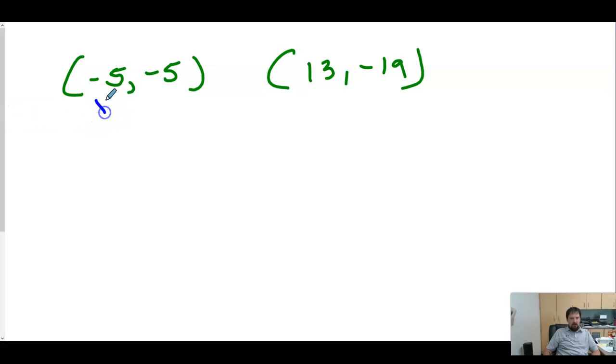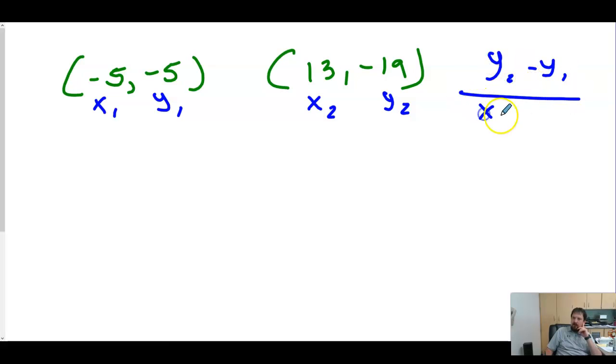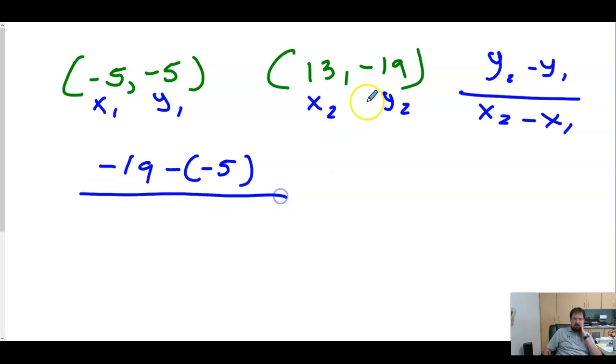So this is my first x, this is my first y, this is my second x, this is my second y. Alright, so remember the formula y2 minus y1 over x2 minus x1. So we're going to do negative 19 minus negative 5, because that's my y2 minus my y1, over x2 is 13 minus x1 is negative 5.